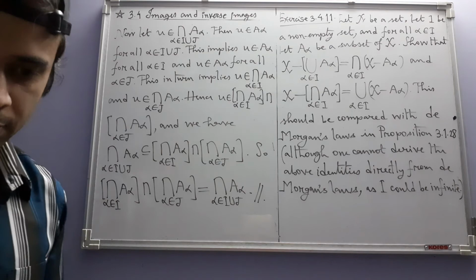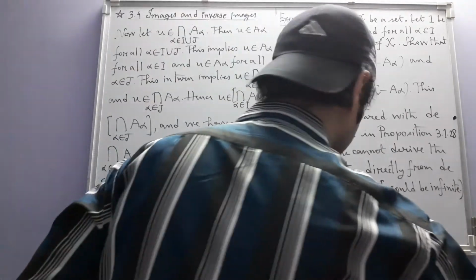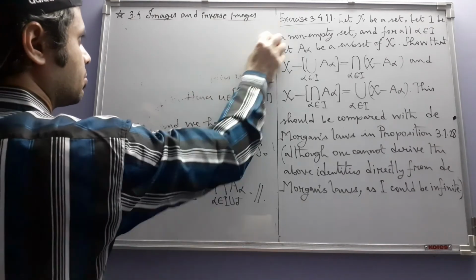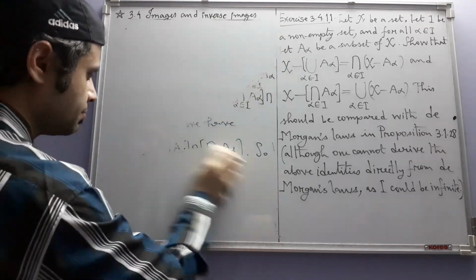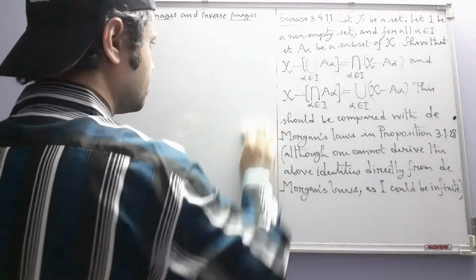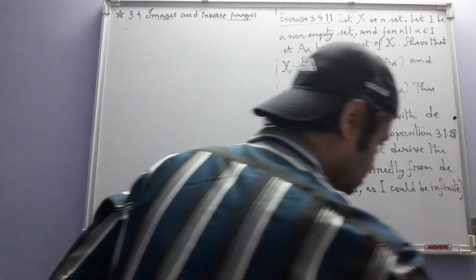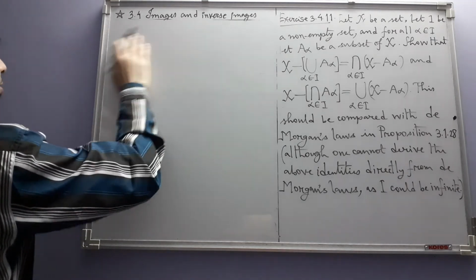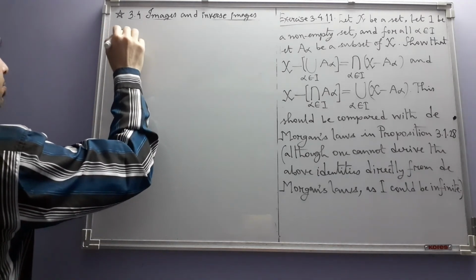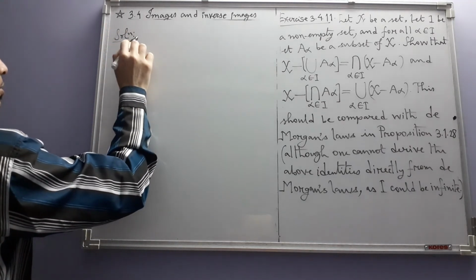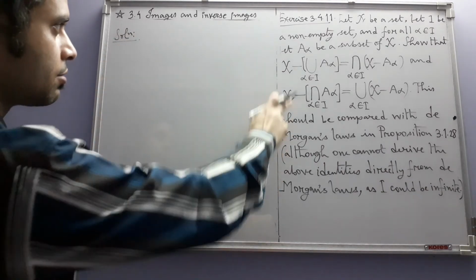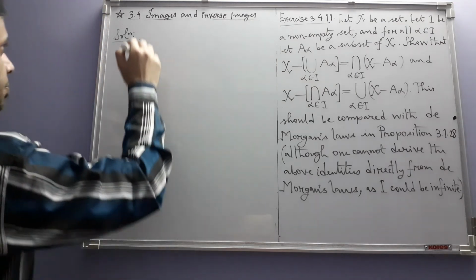Okay, so let us solve this final exercise. Here also the solution is not very difficult. We just have to keep track of the things and see what is happening carefully. So first we prove this one.